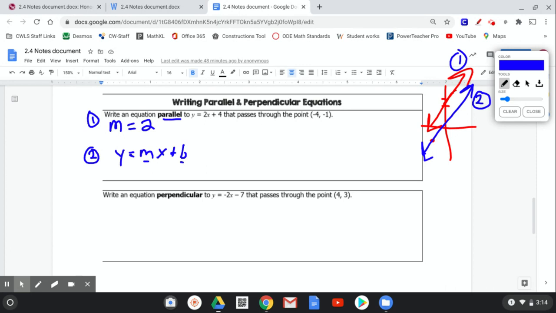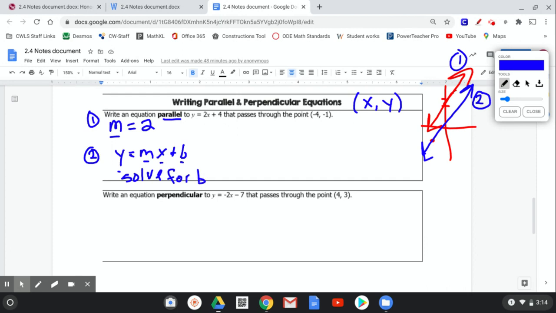To do this, we know what m is, and then we also have (-4, -1). We write coordinates as x, y, right? I see an x down here and I see a y down here. So we're going to plug that information in and solve for b. That's step 2.